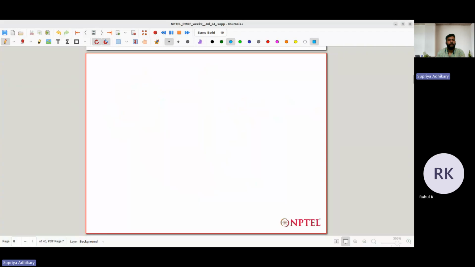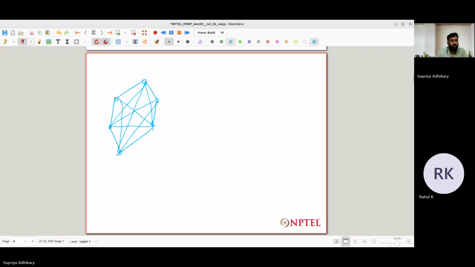Again, for the edge connectivity, now if we delete one edge, any one of the edges like this, then what can we say about this?